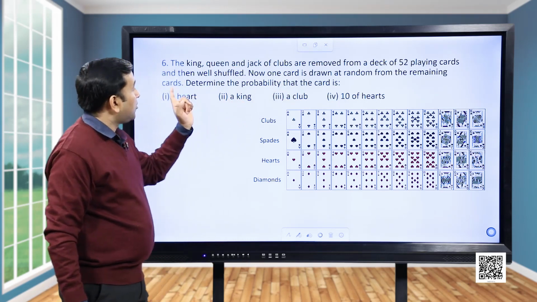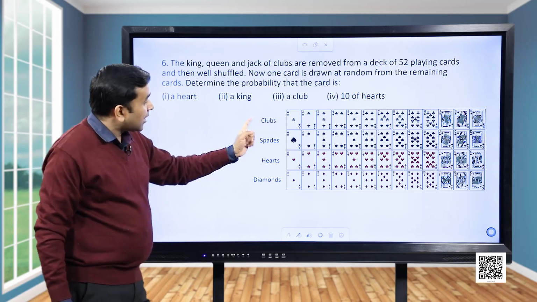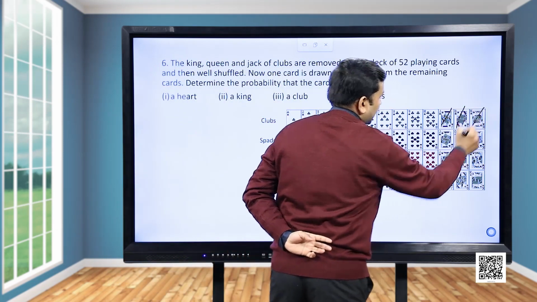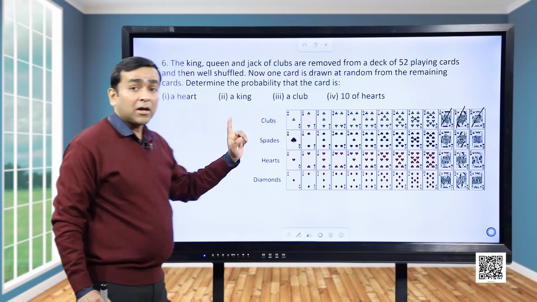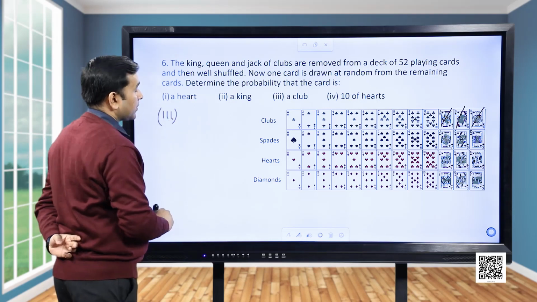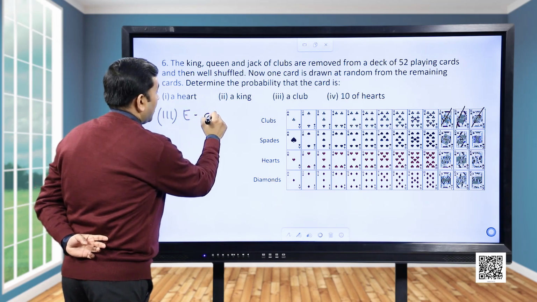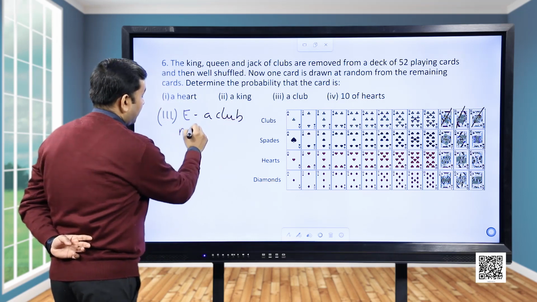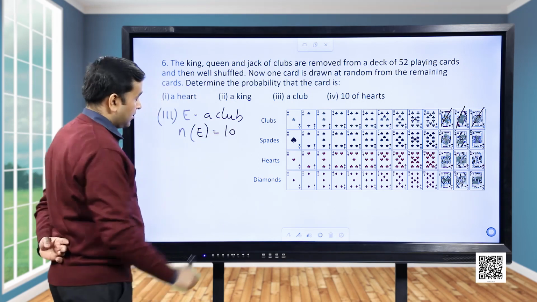We need to find the probability that the card drawn is a club. Where is the club? Club suit is here, out of which we don't have these 3 cards. Question says so, right? So how many cards are left? We just have 10 cards of clubs suit. So if E is the event of drawing a club card, then the number of favorable outcomes is 10, right?